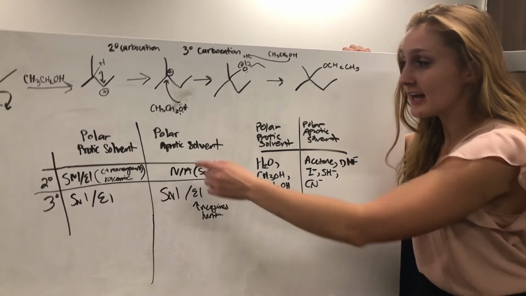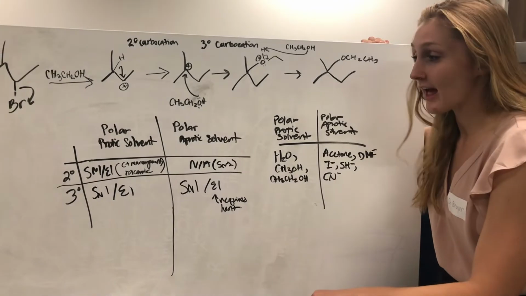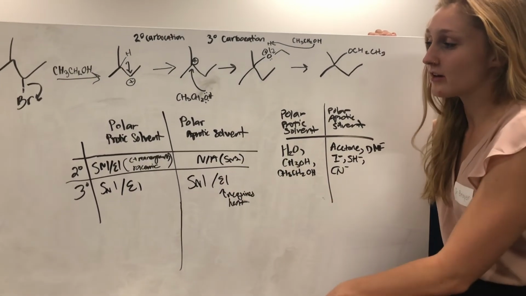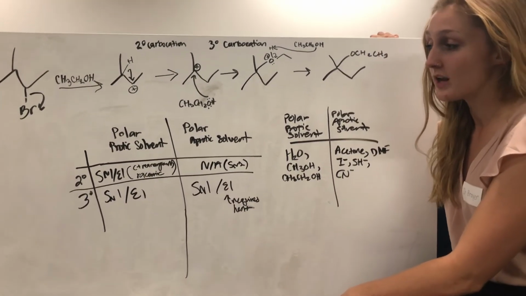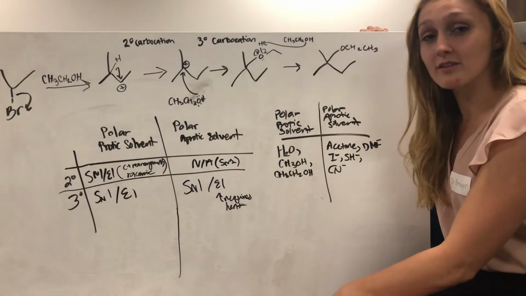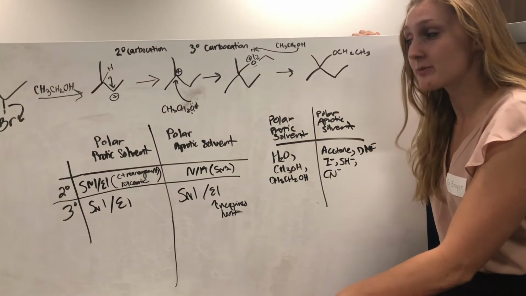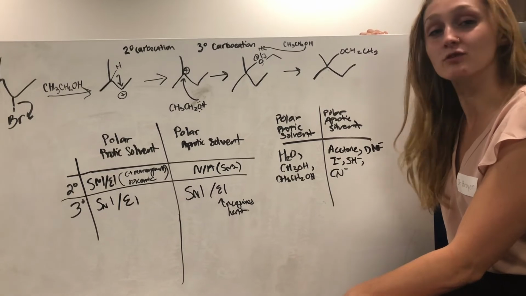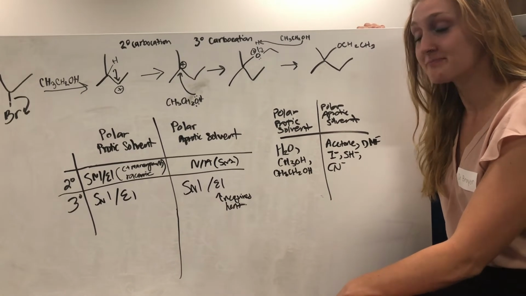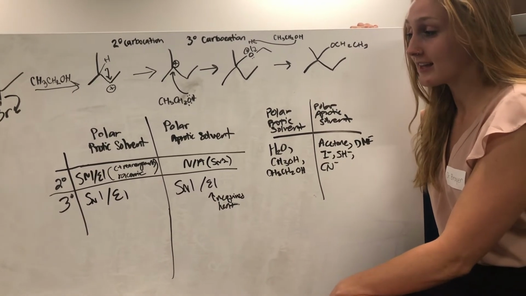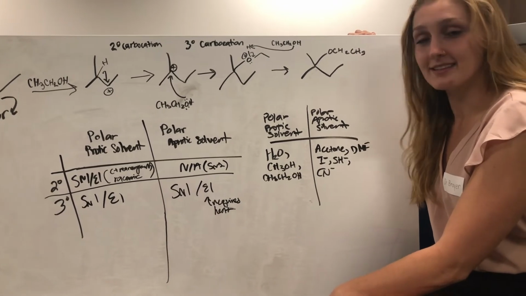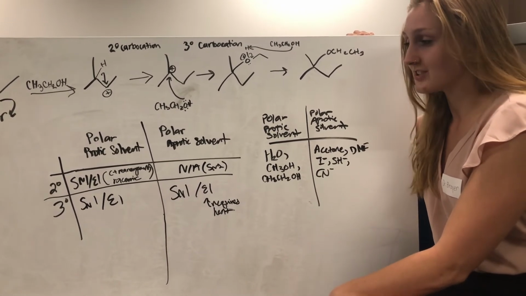As you can see, in a polar protic solvent like ethanol, a secondary alkyl halide will undergo an SN1 or an E1 reaction, where it's important to take into account possible carbocation rearrangement as well as racemization of the product. A tertiary alkyl halide can also undergo an SN1 or an E1 reaction.